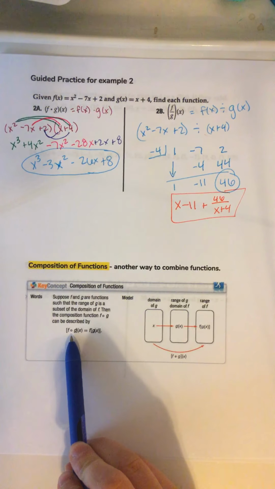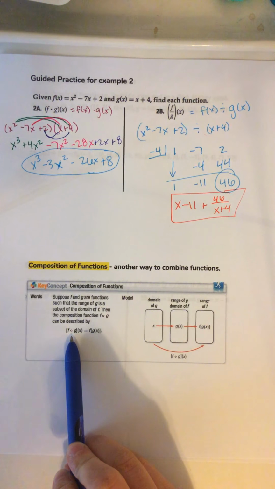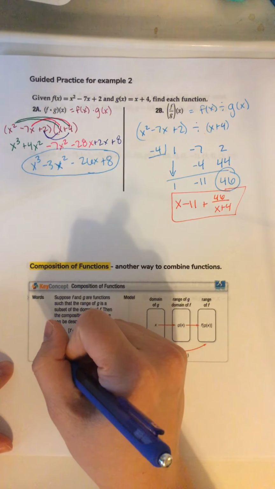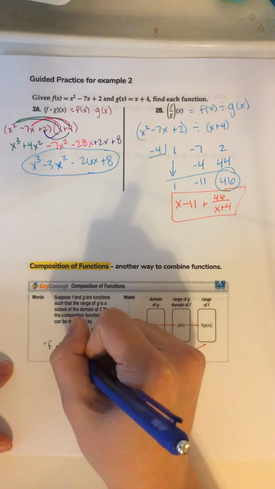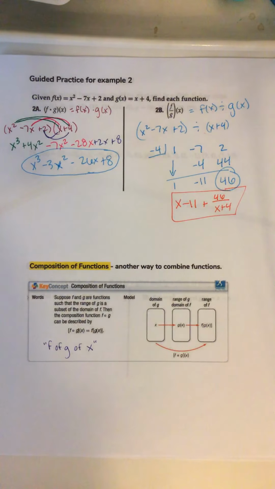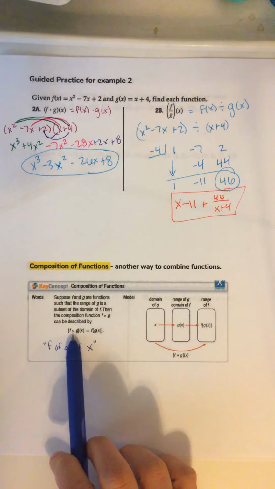It's like a little open circle, and we say it as f of g of x. So you're going to hear me saying that a lot. It's not the same as multiplication, even though it looks like a multiplication sign.